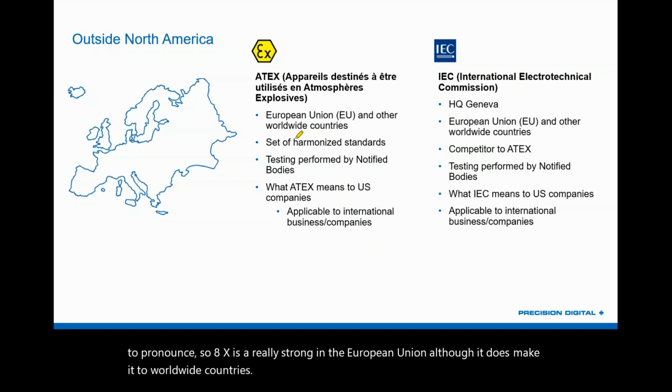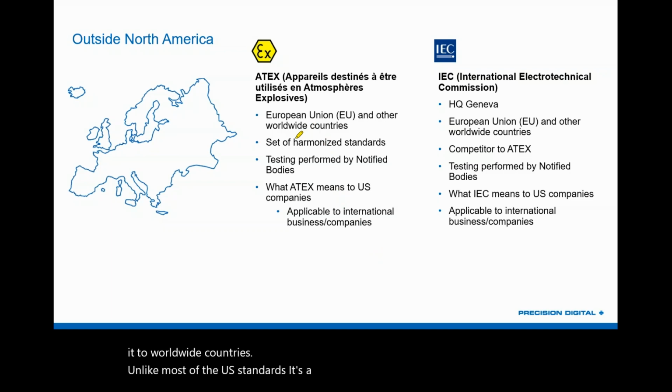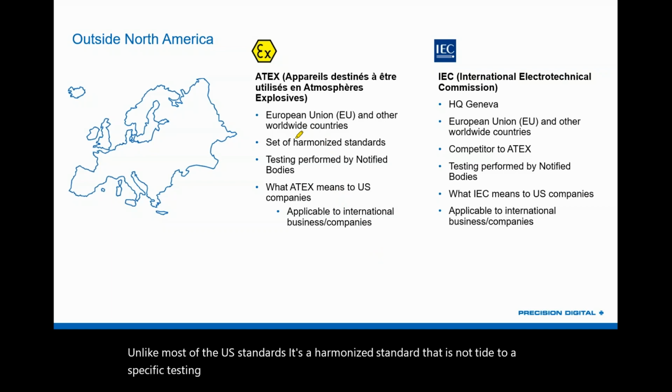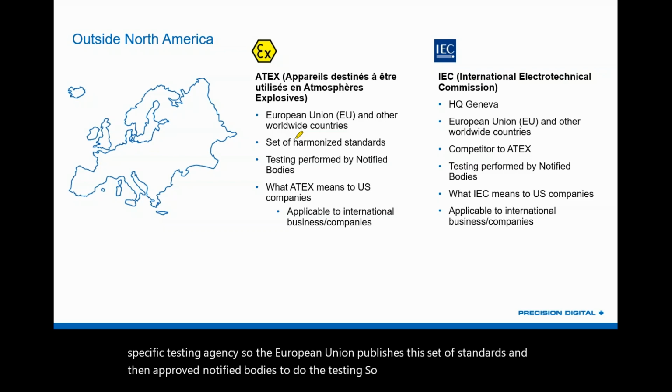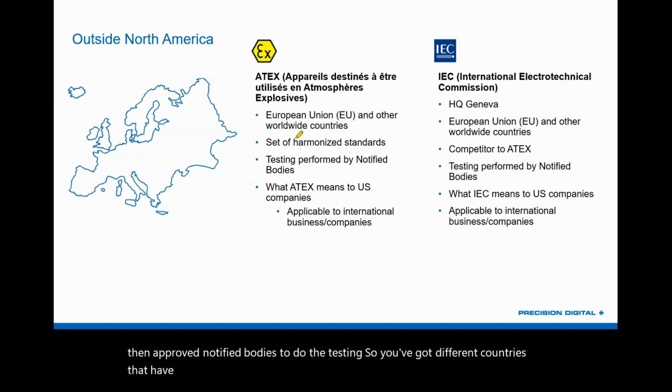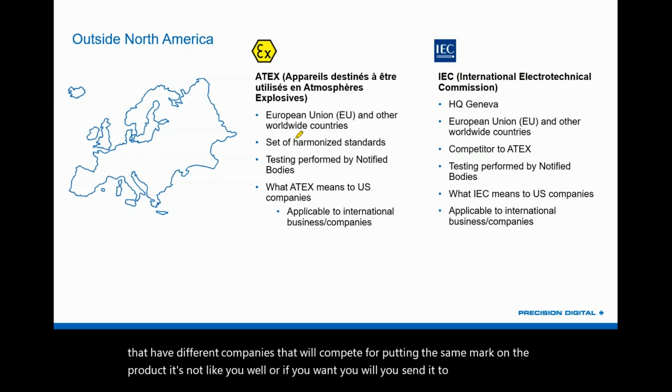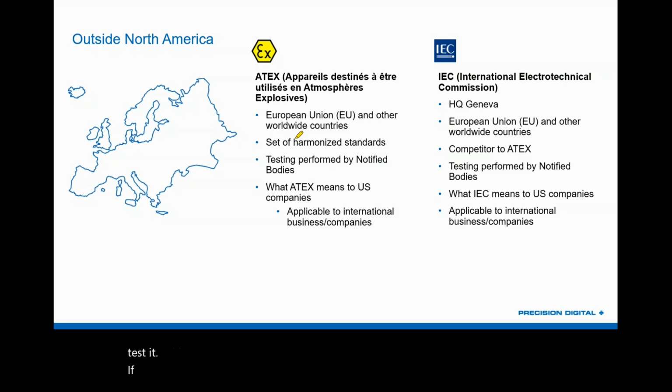Unlike most of the US standards, it's a harmonized standard that is not tied to a specific testing agency. So the European Union publishes this set of standards and then approves notified bodies to do the testing. So you've got different countries that have different companies that all compete for putting the same mark on the product. It's not like UL, where if you want UL, you send it to UL and they test it. If you want ATEX, then all you do is send it to one of these notified bodies and they test it for ATEX approvals.